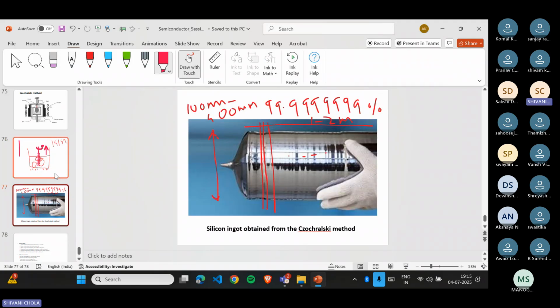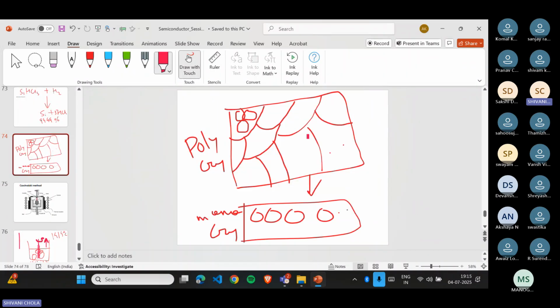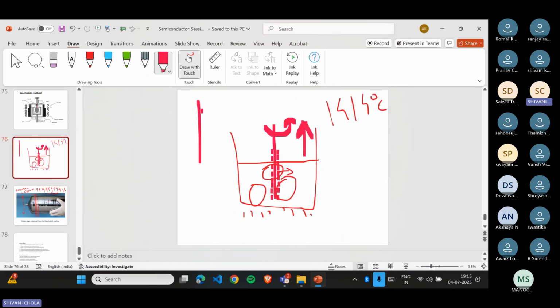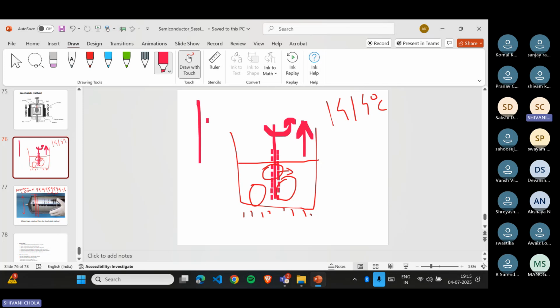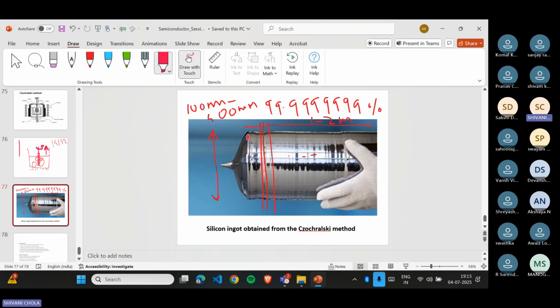Okay, sir. See, this part is also in pure form, but this rod is monocrystalline. If you look inside the structure of the atoms of this silicon, you will see it's very linear and constant. It will have very few defects. And as you pull this upward, you get a thick rod like this, and we call this a silicon ingot.